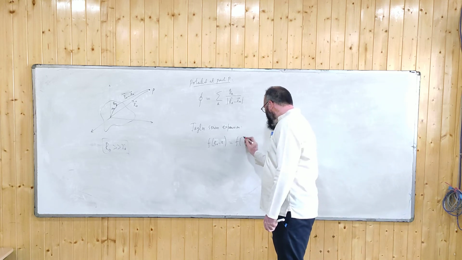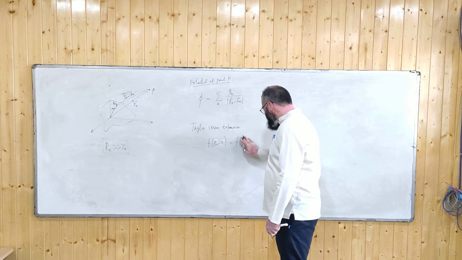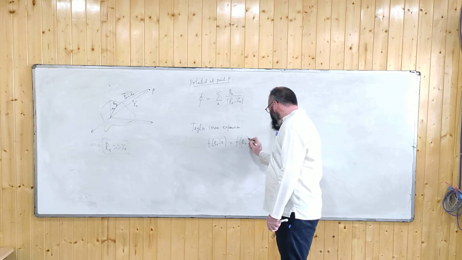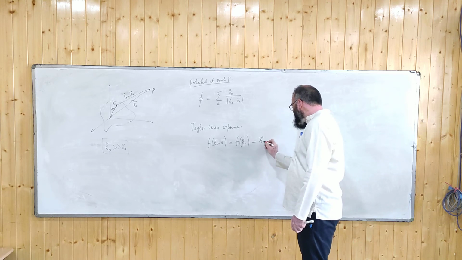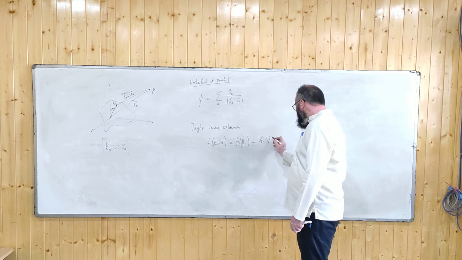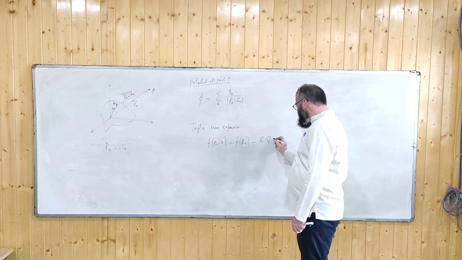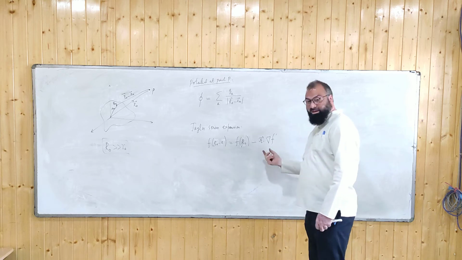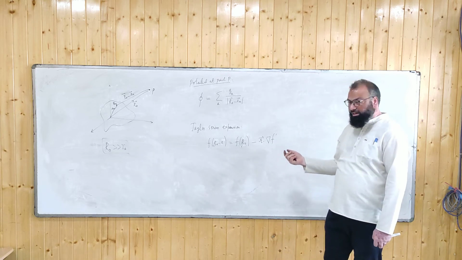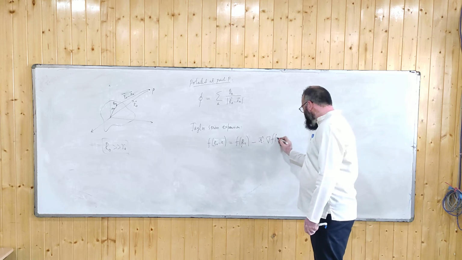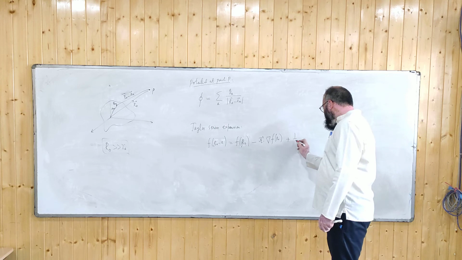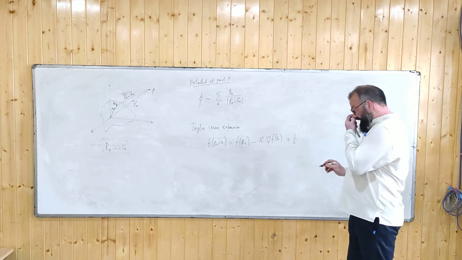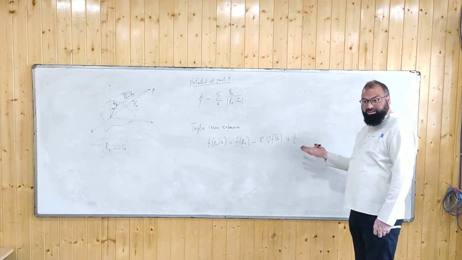It is f of R naught, then minus R dot gradient of f evaluated at R naught, then plus 1 by 2, and then there is a second-order term.